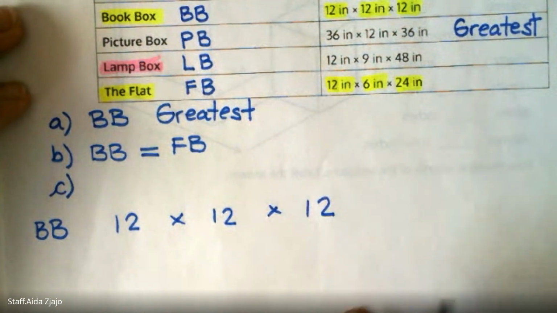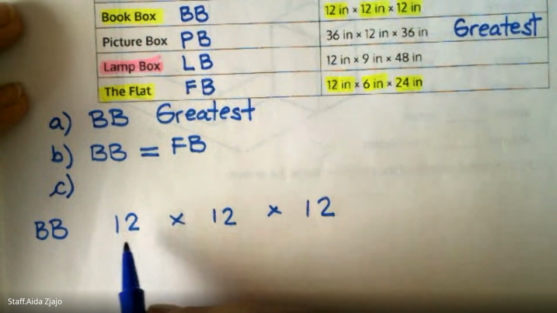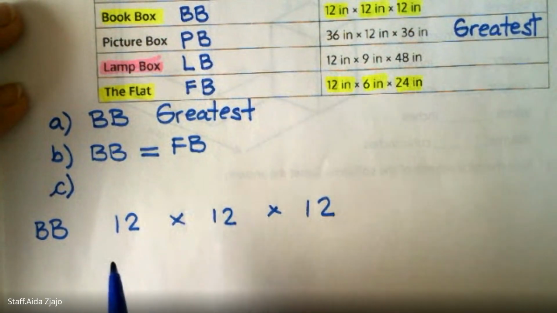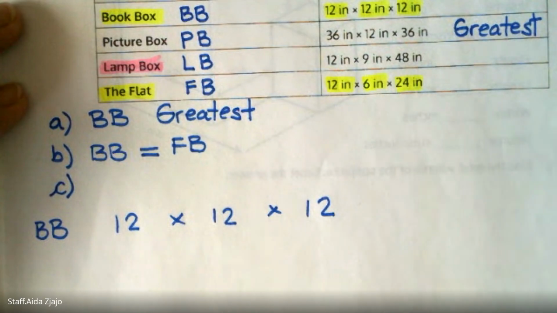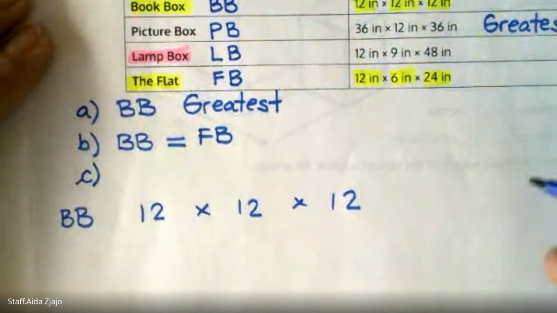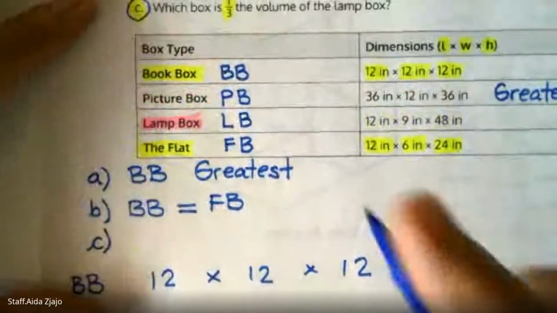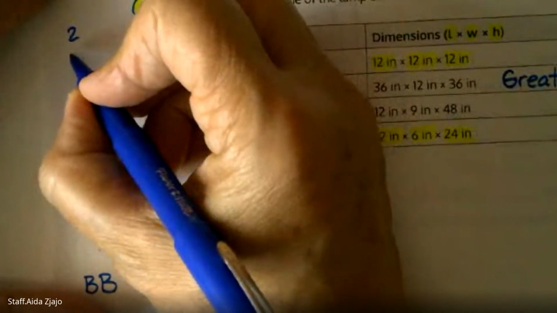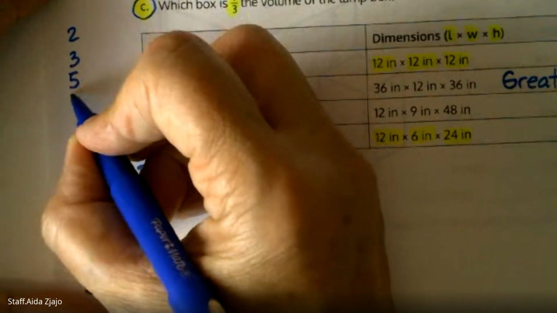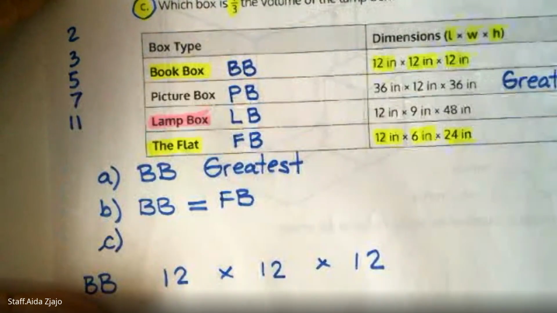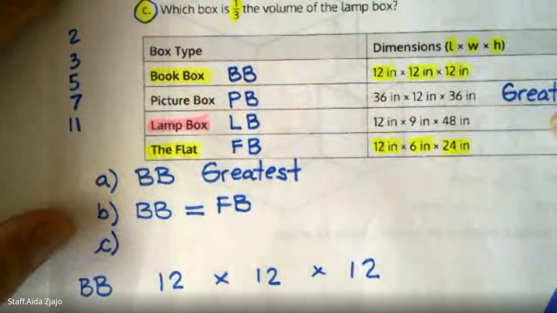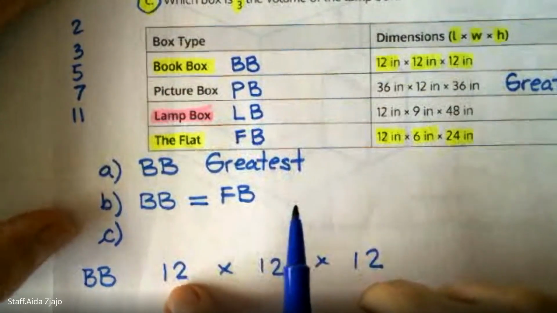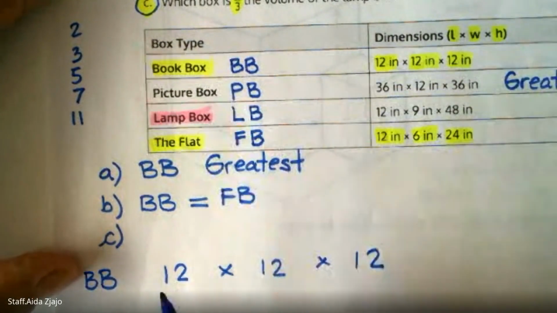So if I do that, I could make this into primes. The prime numbers are 2, 3, 5, 7, 11, and so forth. If you needed to remind yourself, you can write that somewhere.